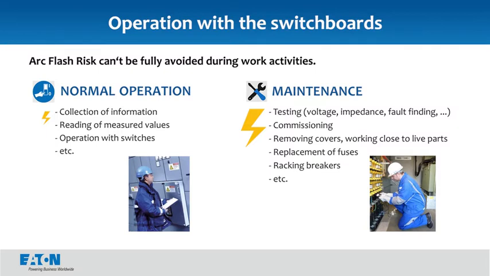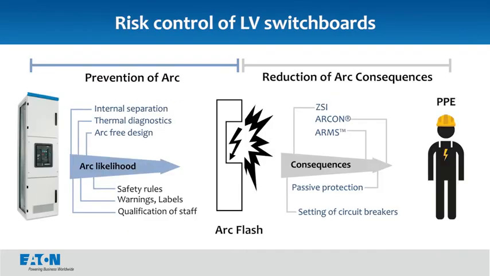Here, all activities must be performed very carefully. Actual jobs are things like testing of electrical parameters, commissioning, removing covers, working close to live parts, replacement of fuse links, and so on.